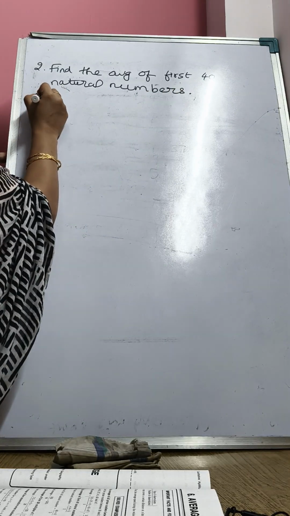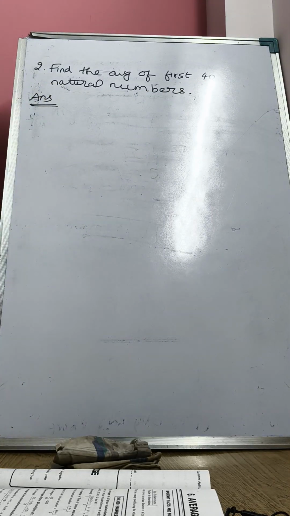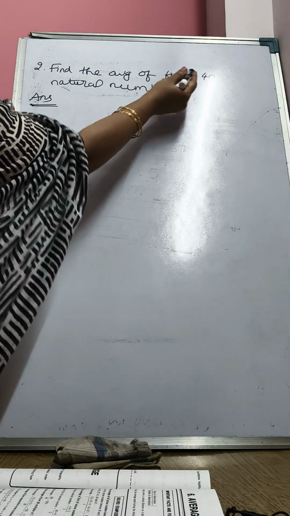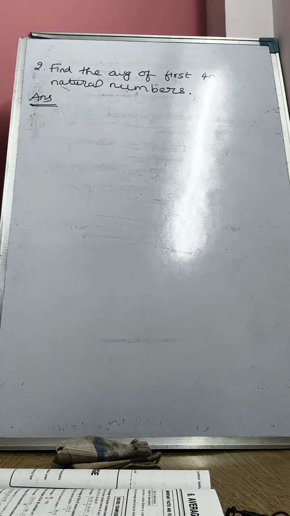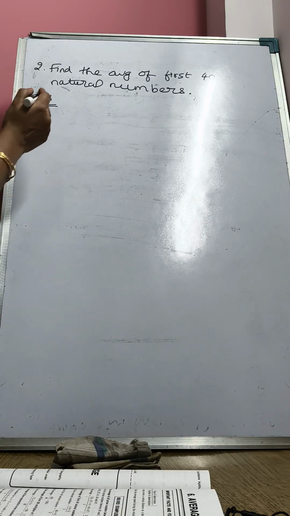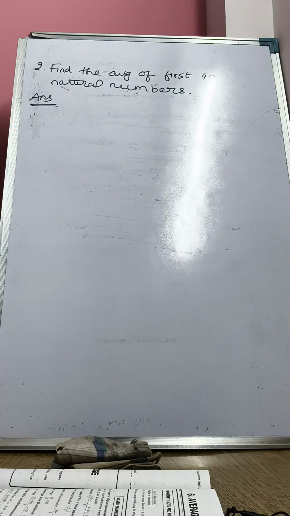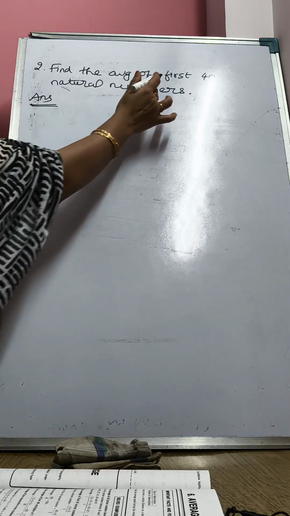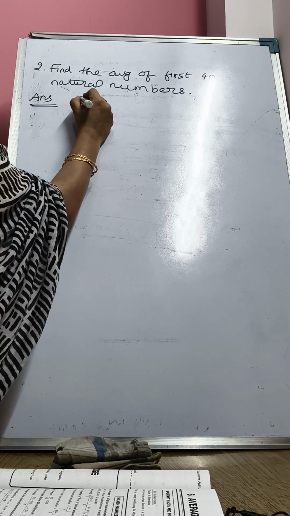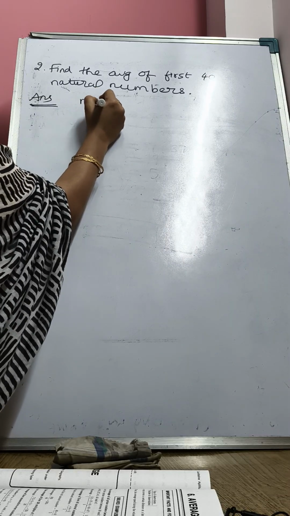See, we are asked to find the average. Average of what? First 40 natural numbers. Okay. Now, we should know what natural numbers are. That too, first 40 natural numbers.